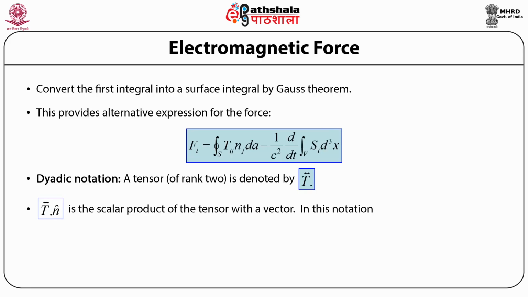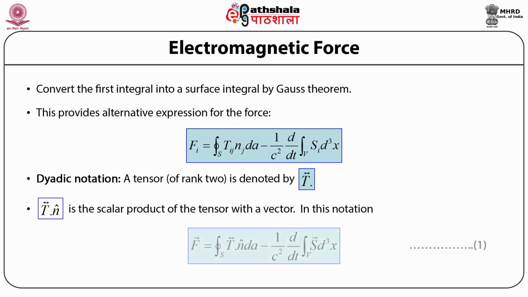The Lorentz force vector F is equal to the surface integral over the surface area element dA of the Maxwell's stress tensor T double dot, scalar product with the surface area unit vector, minus 1 by c square times the time derivative of the volume integral running over the volume element d cube x of the Poynting's vector S.